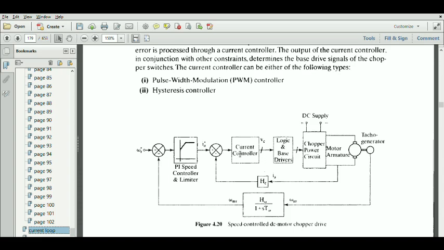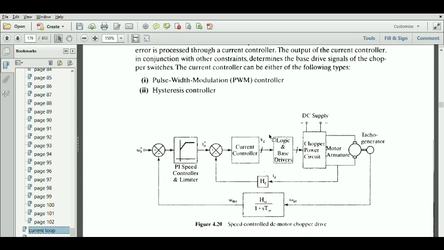This error passes through the current controller, which we will be modeling for controlling the chopper power circuit according to the error. So here you will get a control voltage.